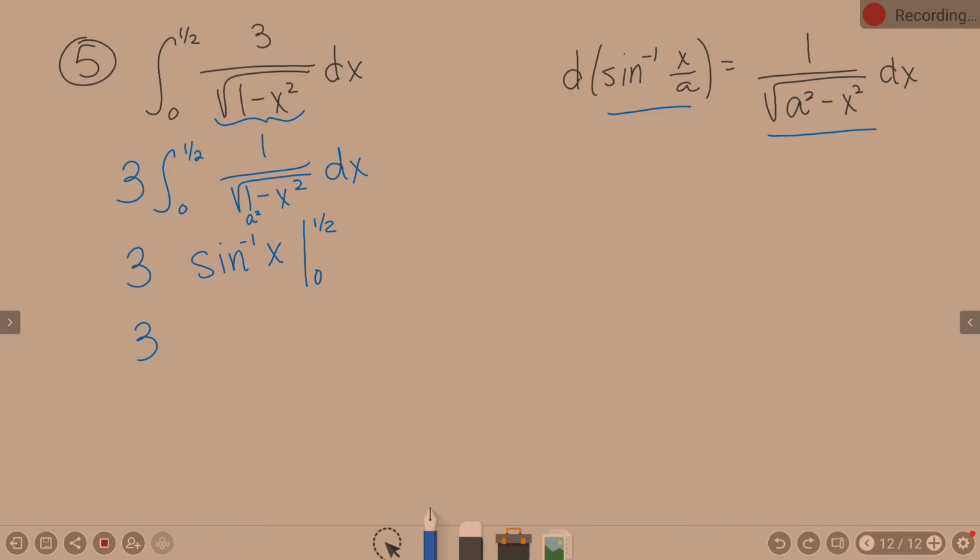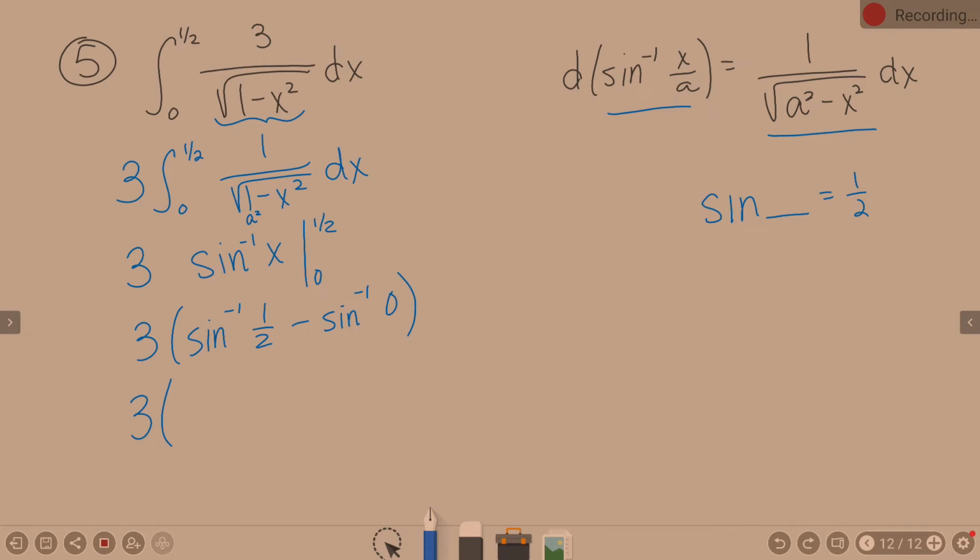The 3 I can keep out front. And I'm doing sine inverse of 1/2 minus sine inverse of 0. You guys remember how your sine inverses work? You have to find whatever angle equals that. Sine inverse of 1/2 says sine of what angle equals 1/2.